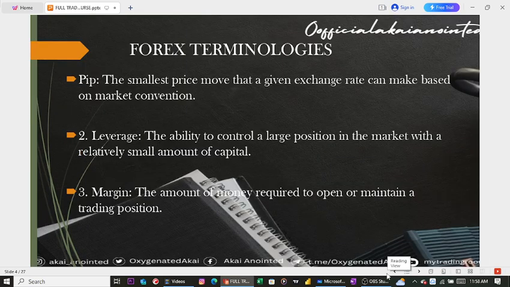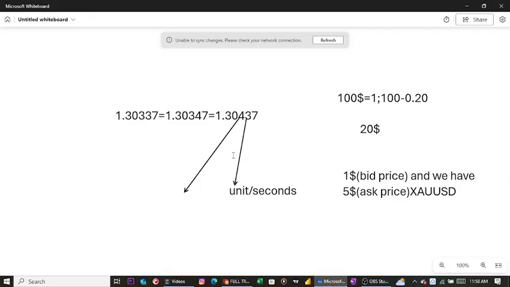We have PIP. PIP is a definition for price in percentage. That is the smallest price change in the market. So for example, like I was illustrating earlier, but not in this class, this is the price, and there was a change in price.